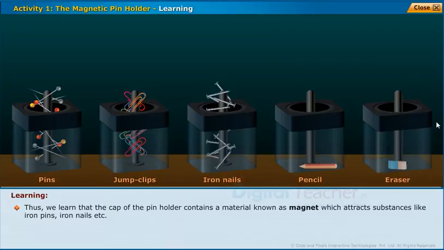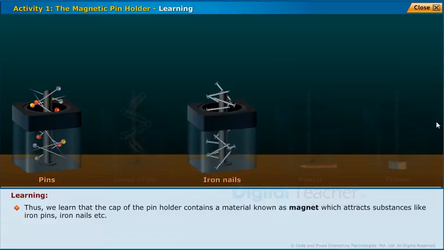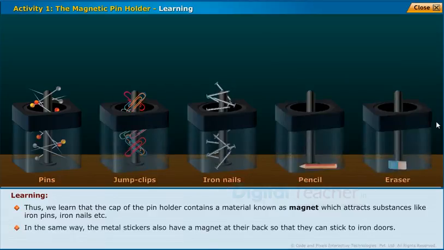Thus, we learn that the cap of the pin holder contains a material known as magnet, which attracts substances like iron pins, iron nails, etc. In the same way, the metal stickers also have a magnet at their back so that they can stick to iron doors.